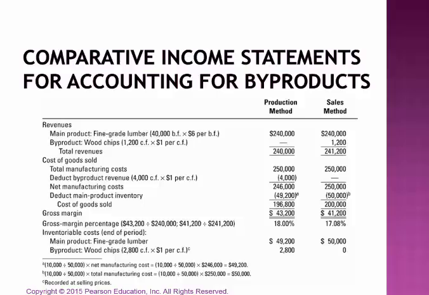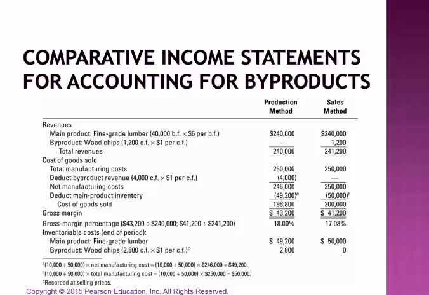How are we able to get that? We are going to weigh the fact that we've got 10,000 board feet of fine grade lumber still here of the 50,000 that we produced.